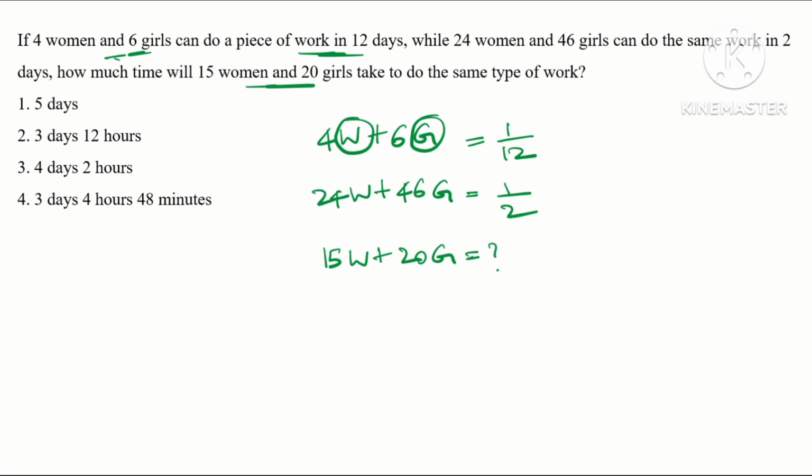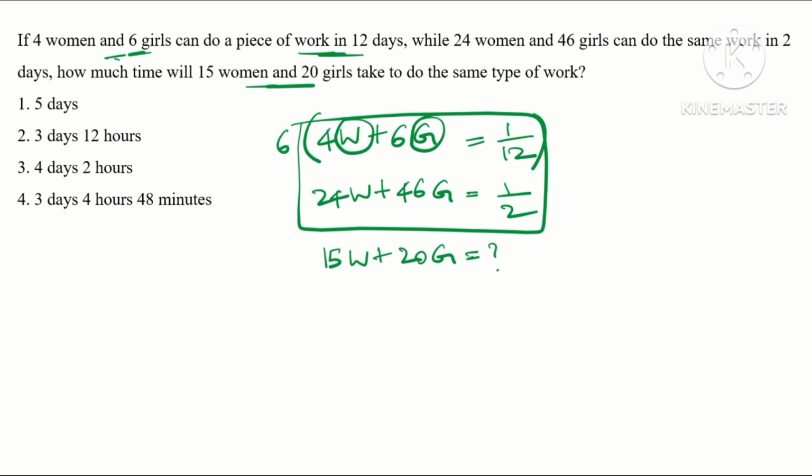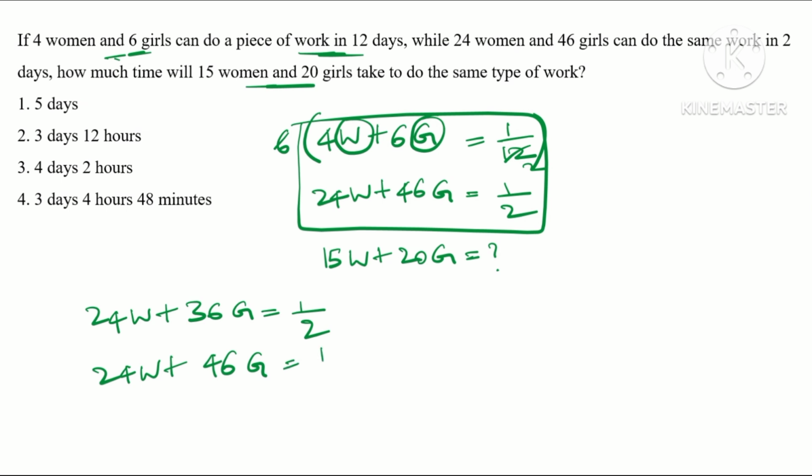So let's solve these two equations. Let's multiply the first with 6. We get 24W plus 6 sixes are 36G equals 6 ones are 6, 6 twos are 12, 1 by 2. And 24W plus 46G equals 1 by 2. Subtracting, 24W minus 24W is 0.